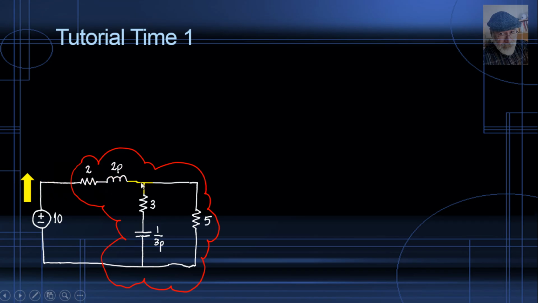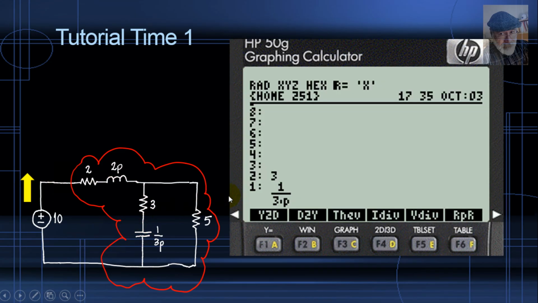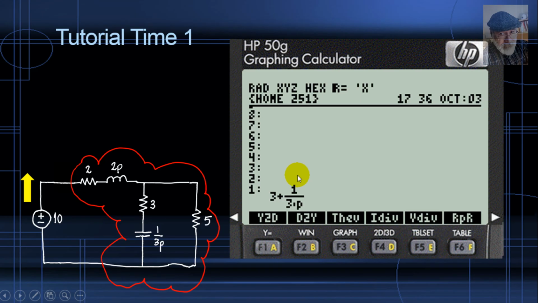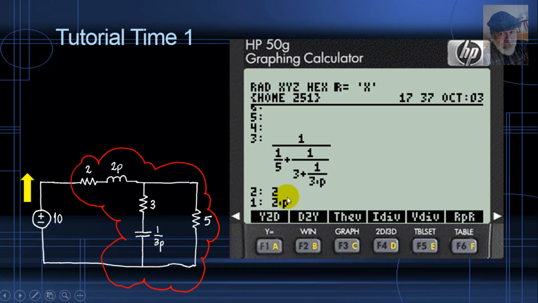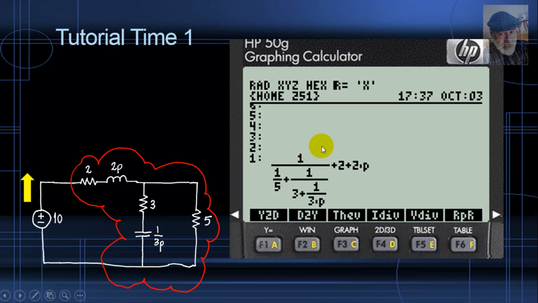Let me find the equivalent impedance seen by the source. The first one, 3 and 1 over 3P. The branch in the middle. Add them together, right? Enter 5. Put them in parallel with a key, RPR. Good. And now 2 plus 2P. There, 2P. Addition, and then I have the complete impedance seen by the source.